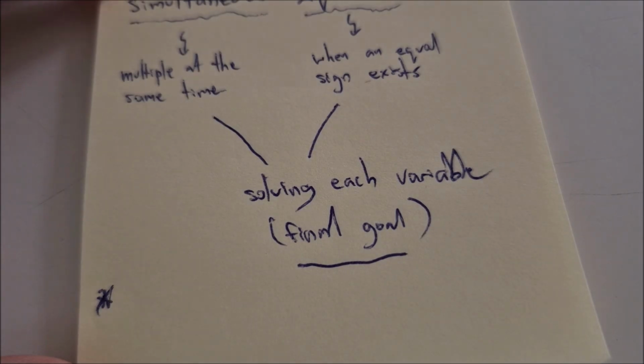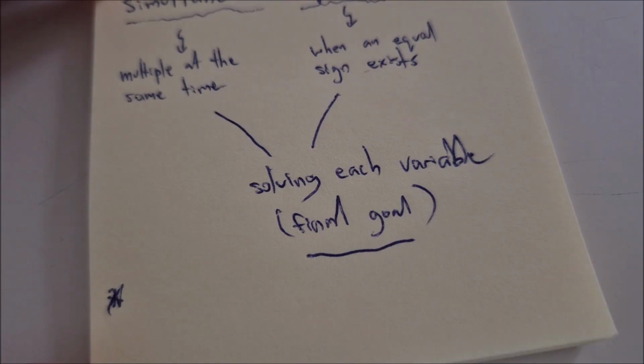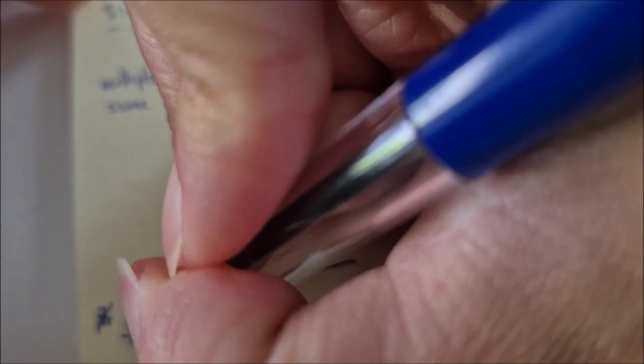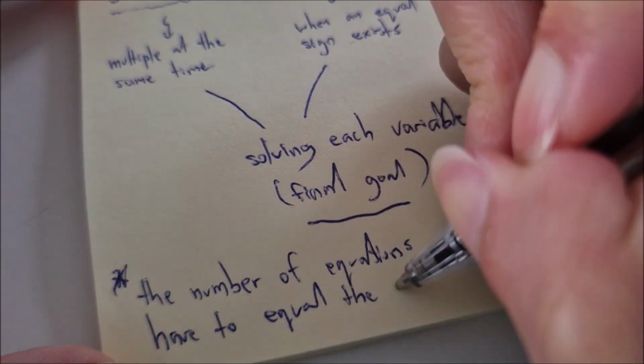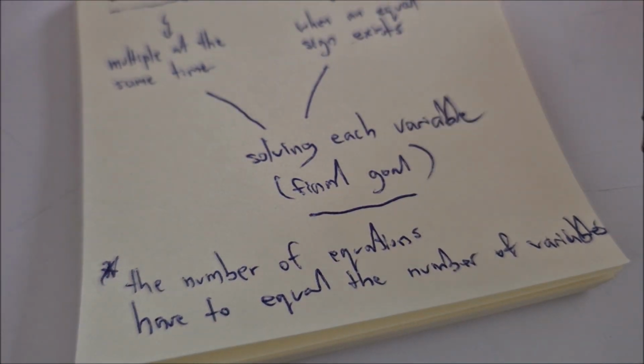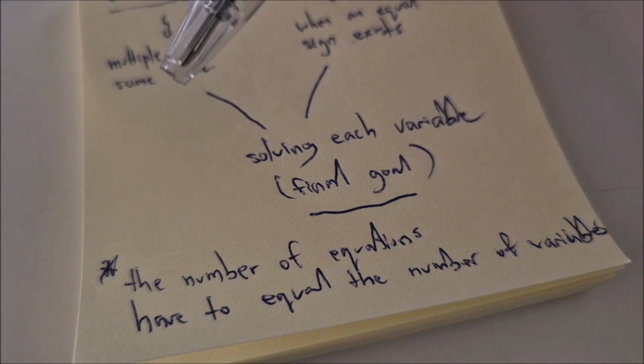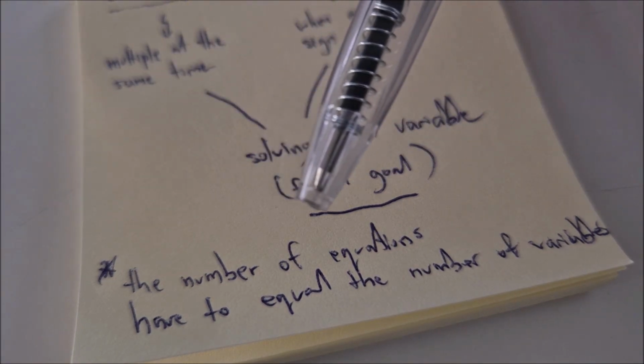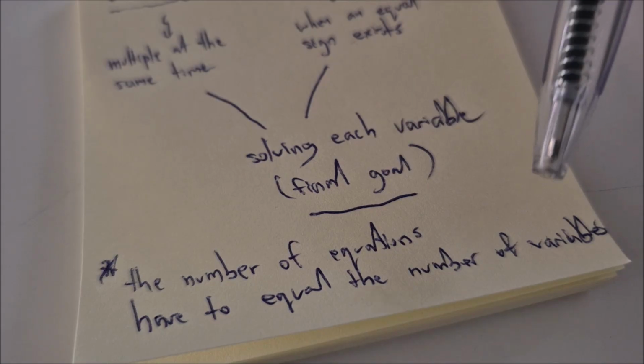There is one really important rule regarding if simultaneous equations can be solved, and that is the number of equations have to equal the number of variables. So what I mean by the number of equations having to equal the number of variables is when you have more variables than equations, then you can't solve for it.